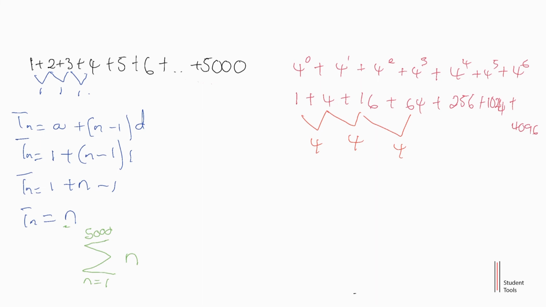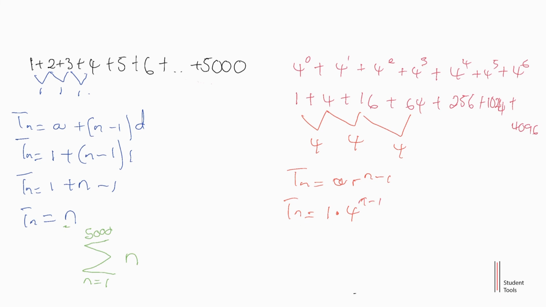So let us find the general term of this series, or the equation which determines this series. So we'll do that by using the formula. The nth term is equal to a r to the power n minus 1, where a is the first term and r is the common ratio. And here a is equal to 1 and the common ratio is equal to 4. So the nth term is equal to a, which is a positive 1, multiplied by r, which is a 4, and that is to the power n minus 1.